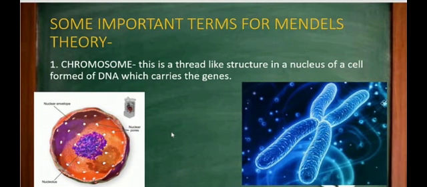And this DNA carries the genes. Genes means the characters which the parents are having. These genes are transferred to the offspring with the help of this DNA. So as you can see, this blue colored picture is the microscopic view of a chromosome. It is a thread-like structure.